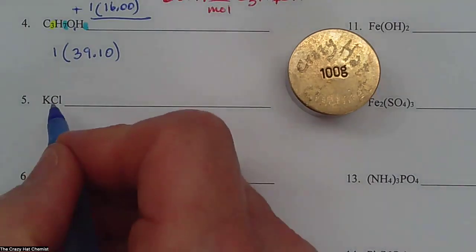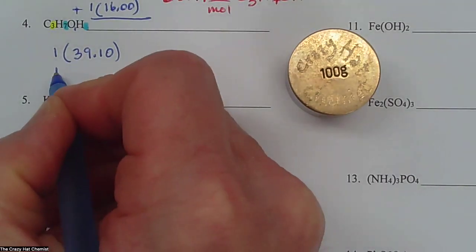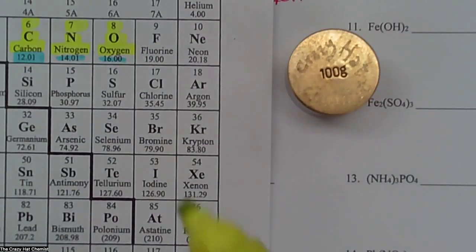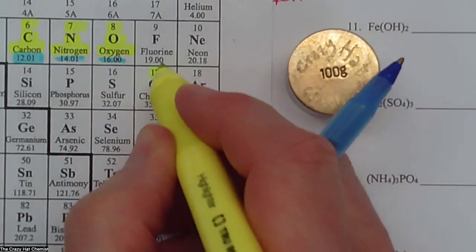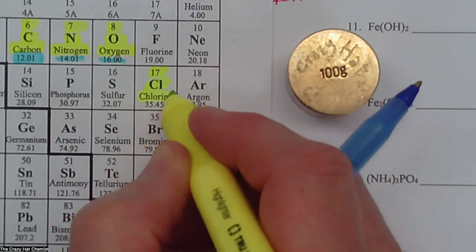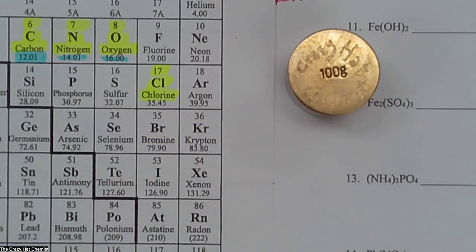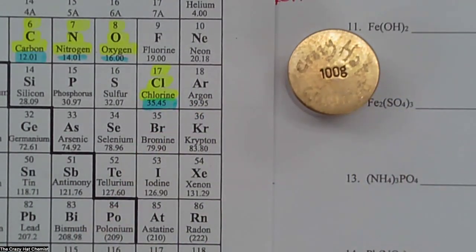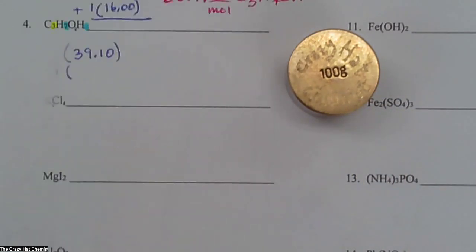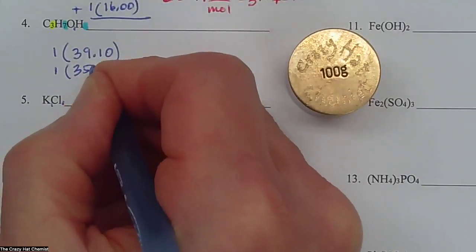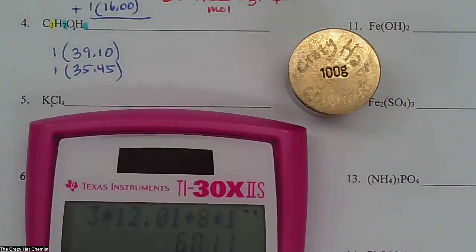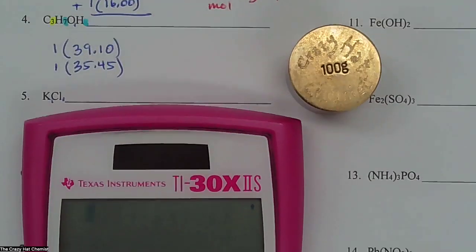Then chlorines, there's 1 chlorine, and we need to find the molar mass for chlorine. Chlorine is atomic number 17. It's Cl, that's chlorine. Its mass is 35.45. All right, and let's key this into our calculator here.